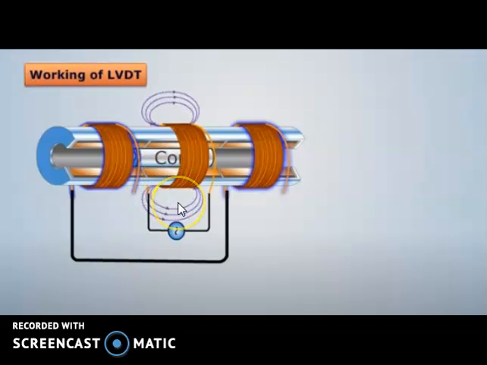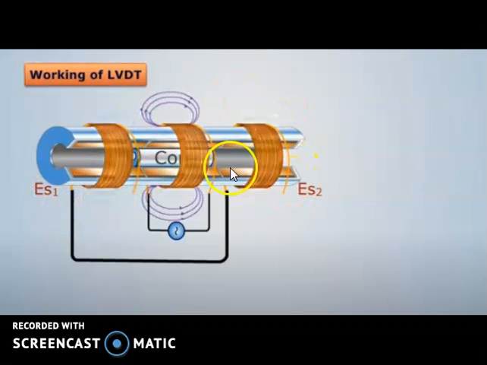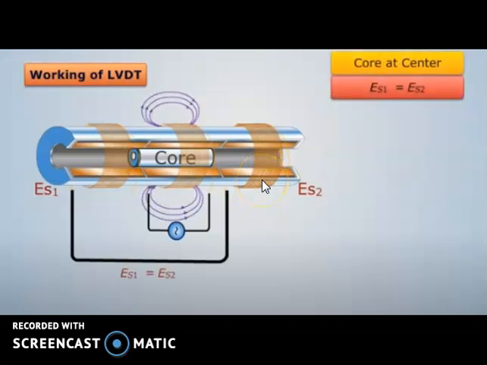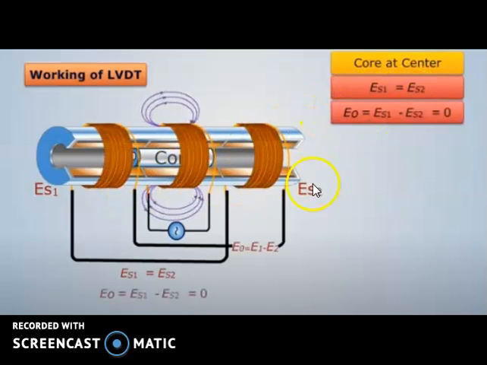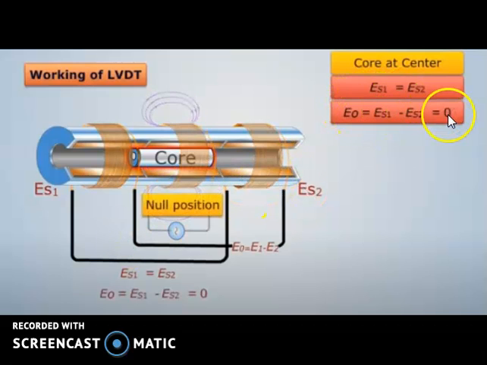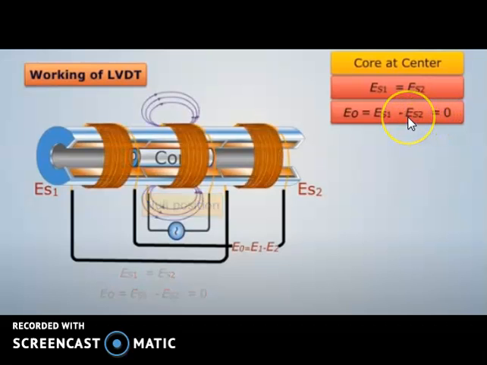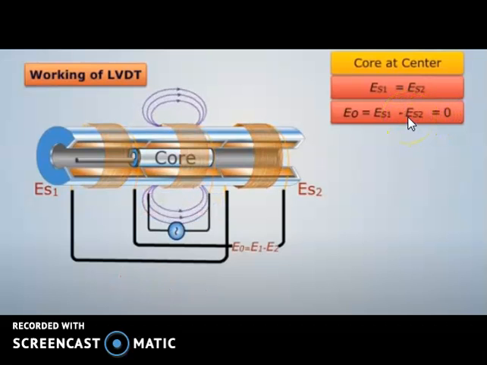When the magnetic field interacts with the secondary windings, EMF is also induced in the two secondary windings. When the core is equidistant from the two secondary windings, the EMF produced in the two windings will be equal. So the net EMF will be equal to 0. This position of the core is known as null position.